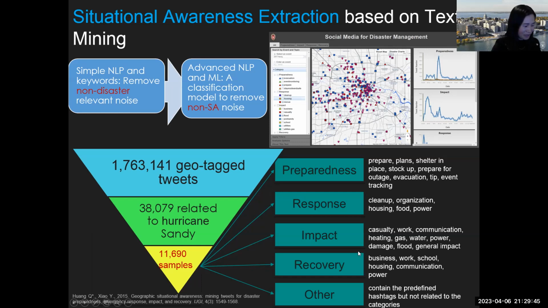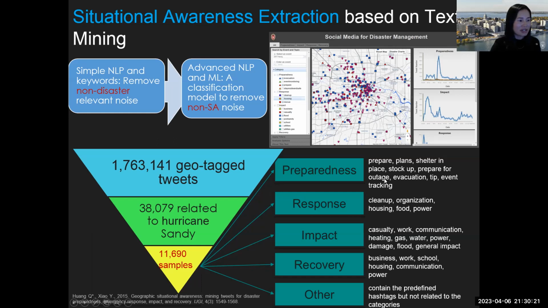One of the major contributions of this work is that we manually examined those 38,000 tweets in order to identify the nature of the messages posted during the disaster. So we identified all those categories that can potentially help in disaster management, such as information related to preparation plans, shelters, and in the response stage, cleanup information, organization, housing, food, power.